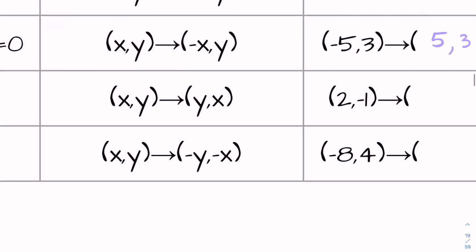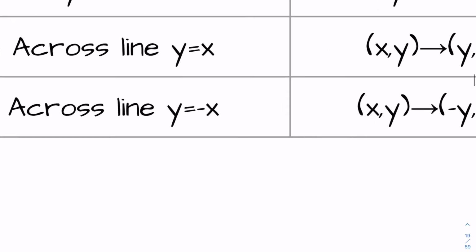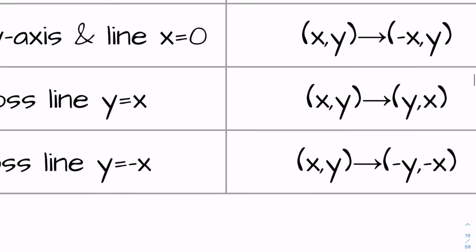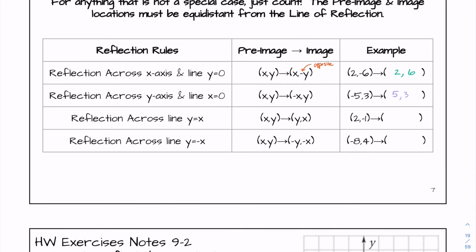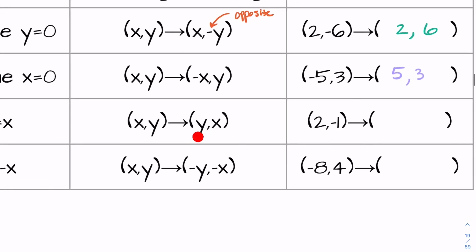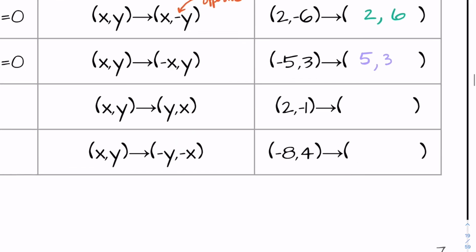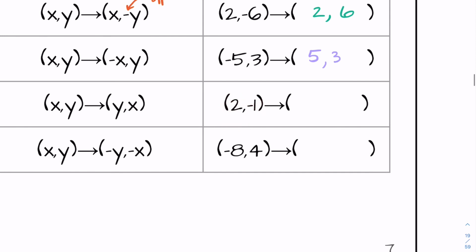All right. This next one is switching the x's and y's wherever you see them, because a reflection across the line y equals x is when we switch x's and y's. So wherever I see an x, I put a y, and wherever I see a y, I put an x. And so here you have 2 comma negative 1, which will become, instead, flip them.